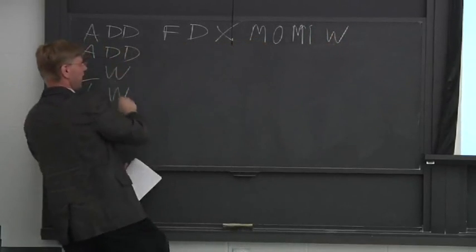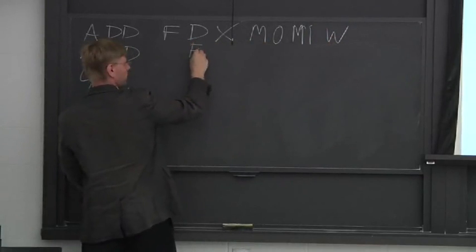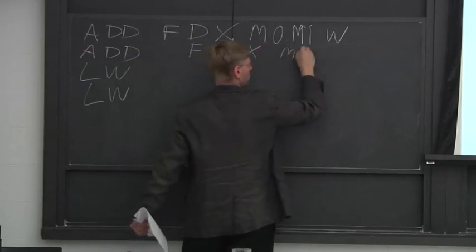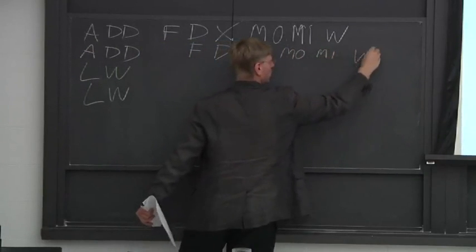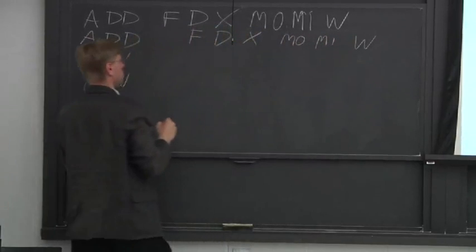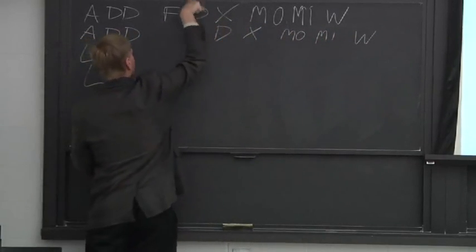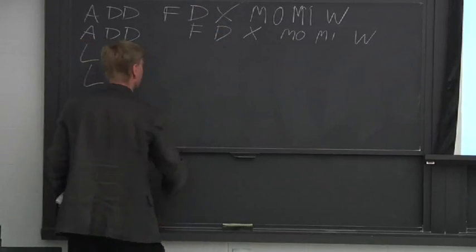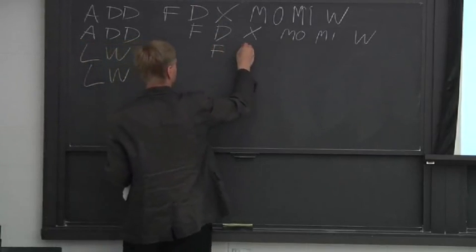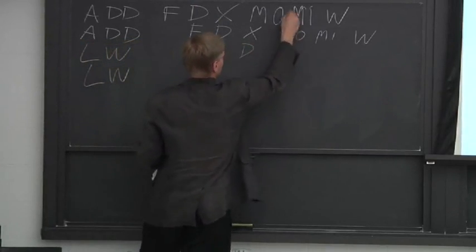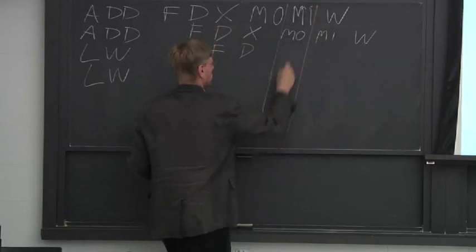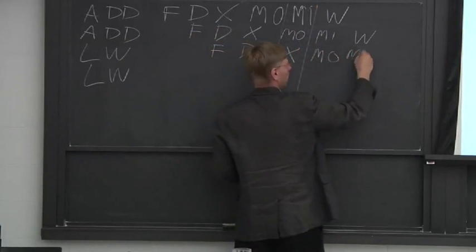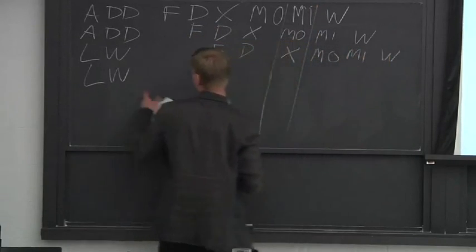OK, so the second add is going to start flowing down the pipe, and it's going to be in the fetch stage, decode, execute, M0, M1, write back. Then we're going to have the load, which is going to go fetch, decode, execute, M0, M1, write back.